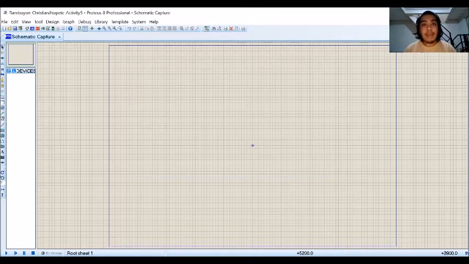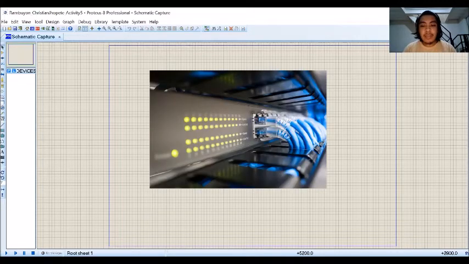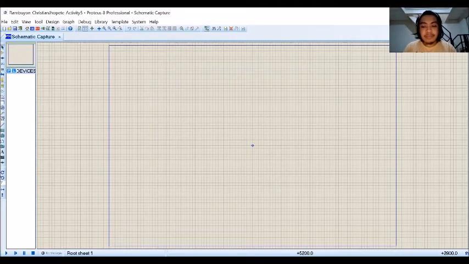Now what are the applications of pulse amplitude modulation? It is used for Ethernet communication. Now Ethernet is a computer network technology which is used in different area networks such as LAN or local area network, MAN, and WAN, and more. Ethernet connects computers together with cables so the computers can share information.